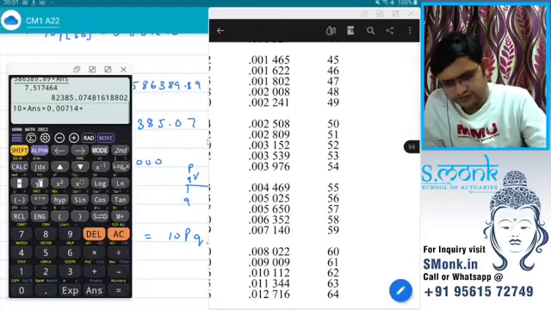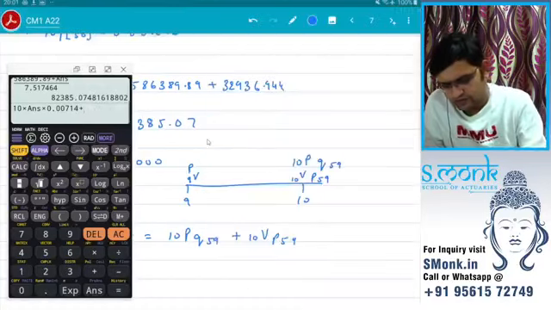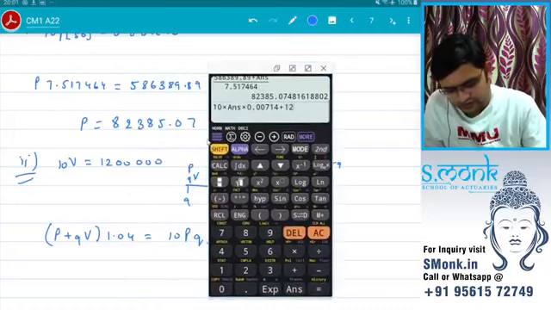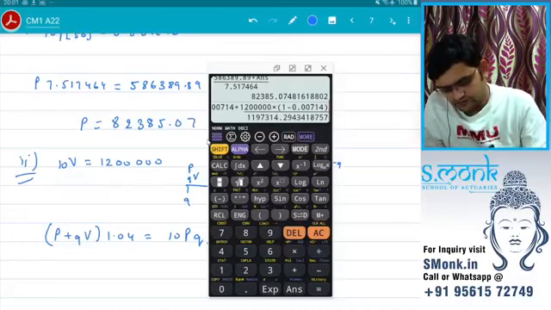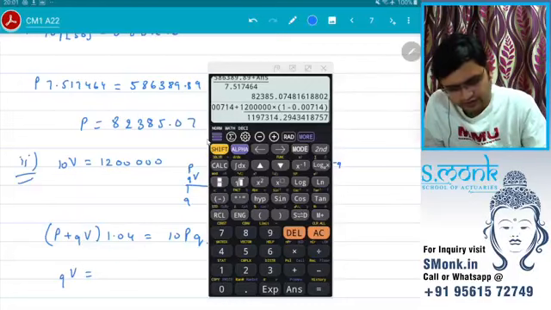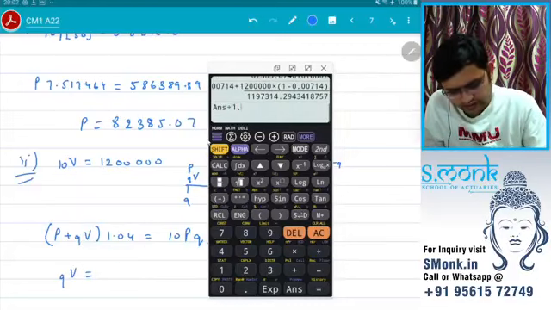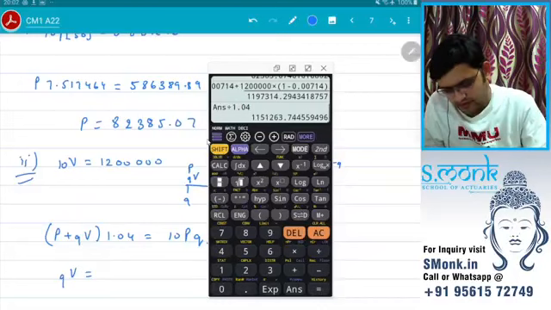Plus the reserve kept was 1,200,000 for anybody who survives, so 1 minus 0.00714. Then we will discount, so divided by 1.04, and then we will subtract one premium.